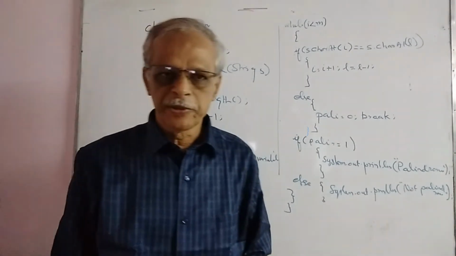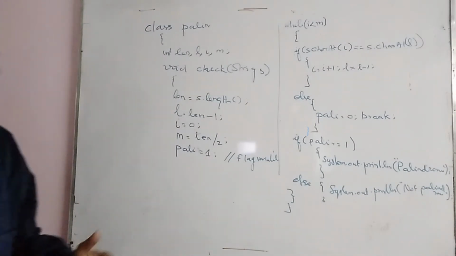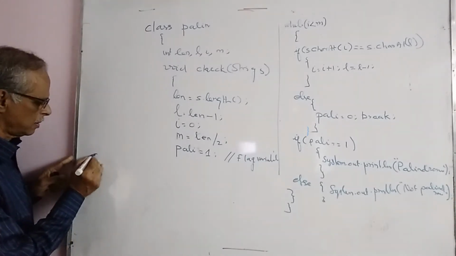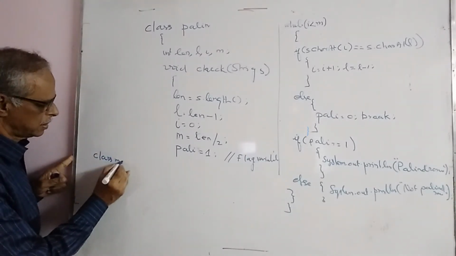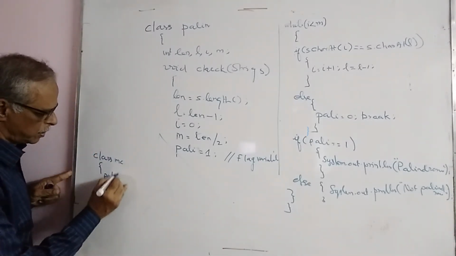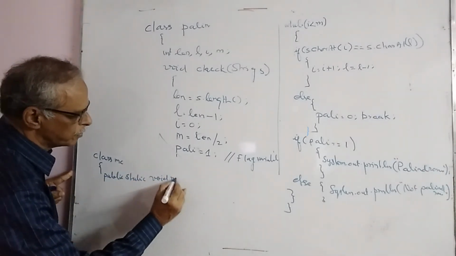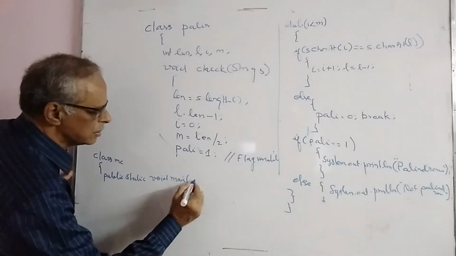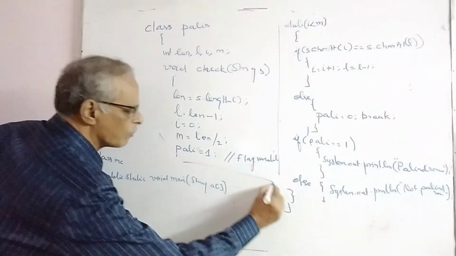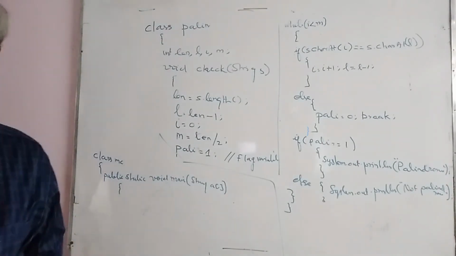Now we are going to write the main class to create an object and send some value to this method. Main function is the entry point for any project.